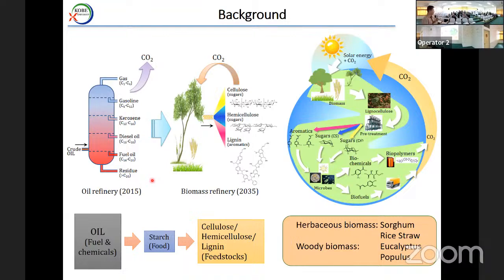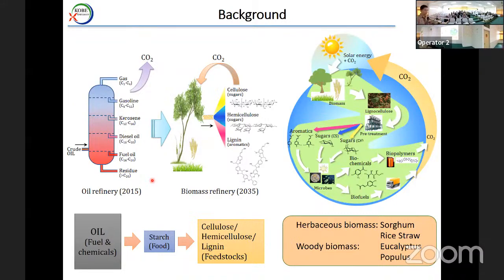There are many definitions of biomass, but biomass is organic material that comes from any kind of plant, including palm oil, rice, sugar cane, wood, and grasses. Also, the waste fraction of animals is defined as biomass.